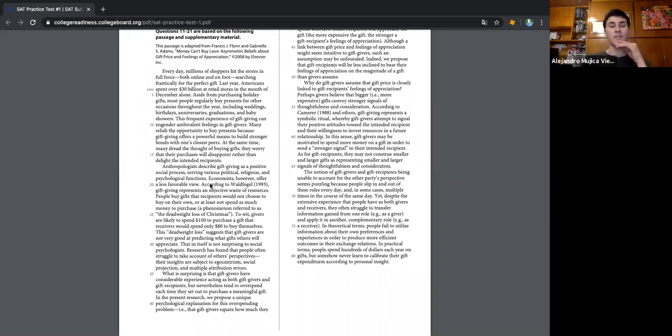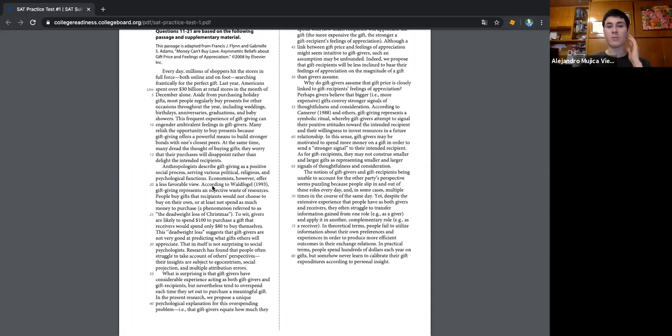Anthropologists describe gift giving as a positive social process, serving various political, religious, and psychological functions. Economists, however, offer a less favorable view. According to Waldfogel, 1993, gift giving represents an objective waste of resources.